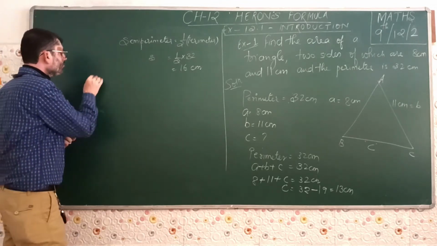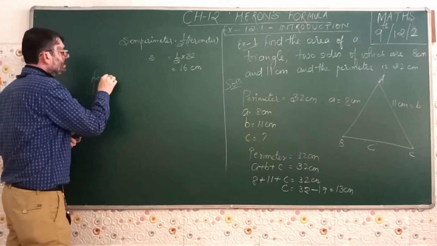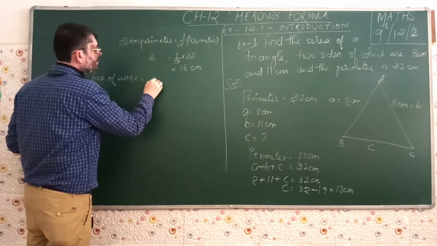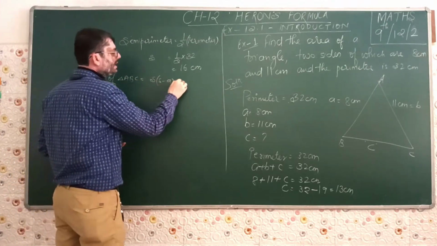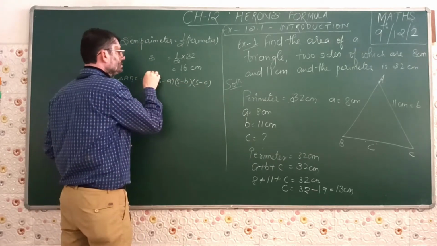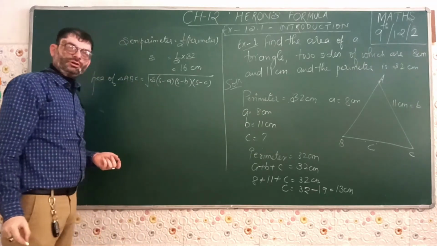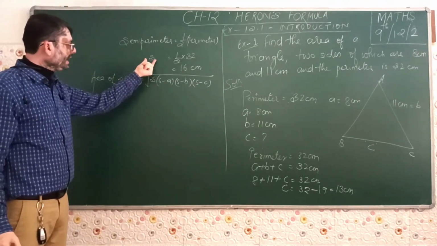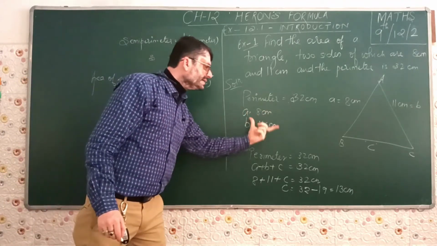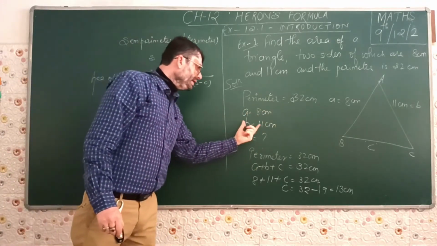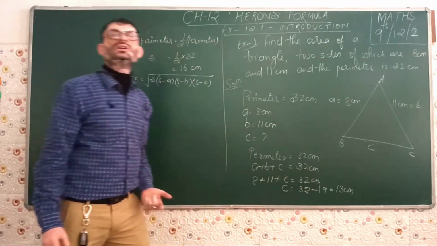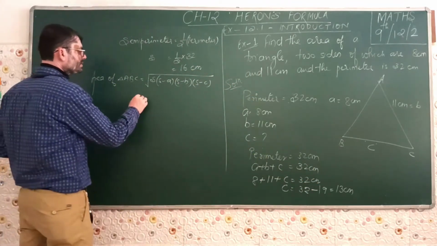Now let us move on to find the area of triangle ABC that we have taken, and that is given by the square root of S into S minus A, S minus B, S minus C, as per HERON's formula. Substituting the value of S, 16 centimeters, A, 8 centimeters, was given to us, B, 11 centimeters, was given to us, and C we have calculated as 13 centimeters.